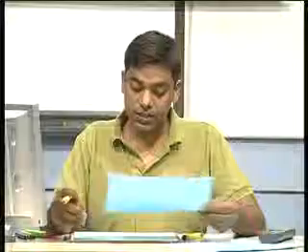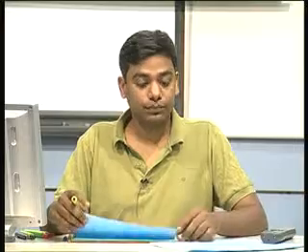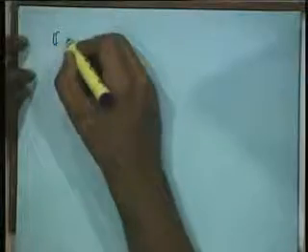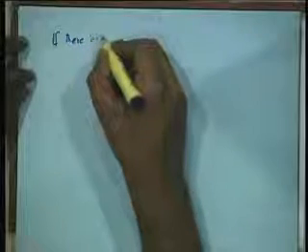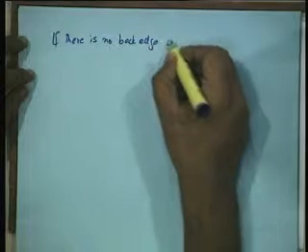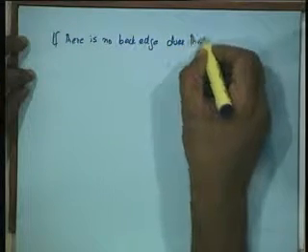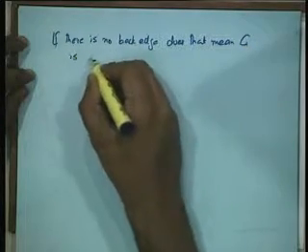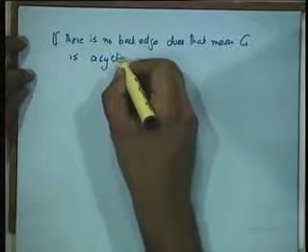If there is a cross edge, does that mean that there is a cycle? So, question is, if there is no back edge, does that mean G is acyclic? I am using a term here.